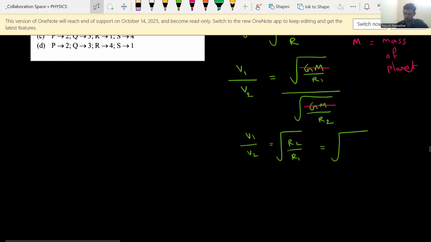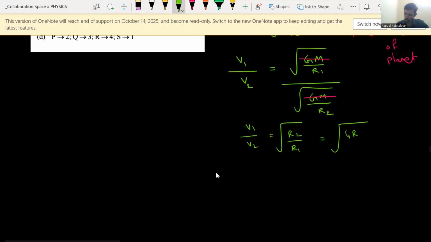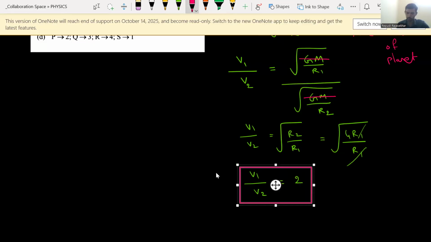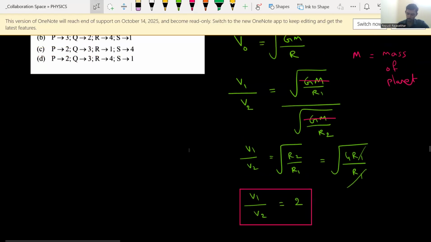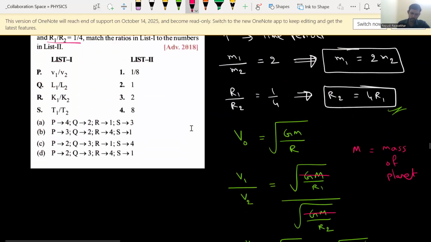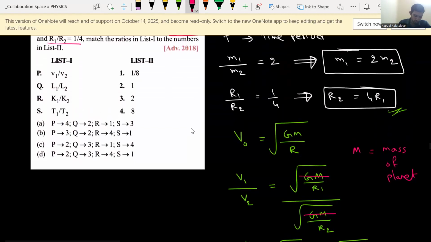So substitute: instead of R2 write 4 times R1, divided by R1. R1 gets cancelled. So v1 by v2 equals root 4. Root 4 means 2. So this should be the answer here. The v1 by v2 ratio is 2.